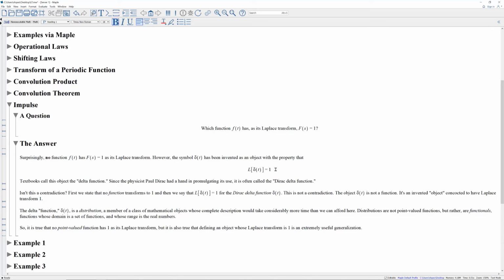So I avoided that approach. It gives some intuition. It's up to the individual instructor how they want to handle it. But it is a very useful object to have in the domain of Laplace transforms. In fact, any integral transforms.